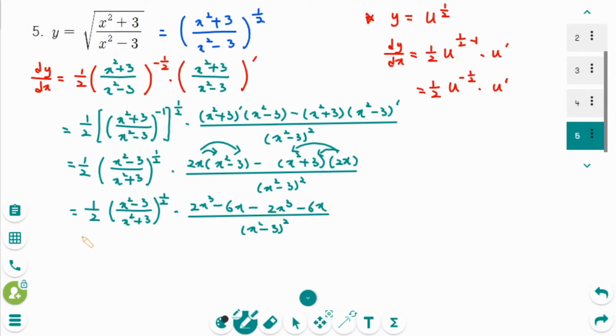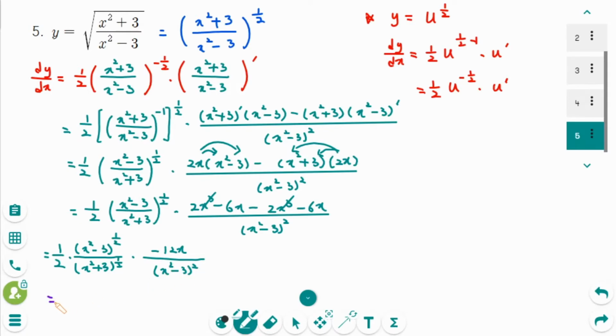We can rewrite as 1 over 2 times (x squared minus 3) to the power of 1 over 2 over (x squared plus 3) to the power of 1 over 2 times, cancelled, minus 12x over (x squared minus 3) squared.